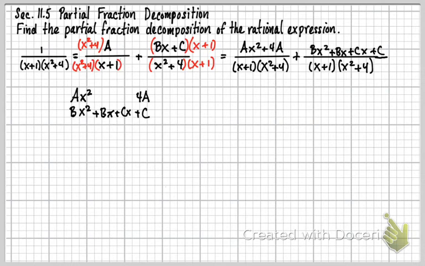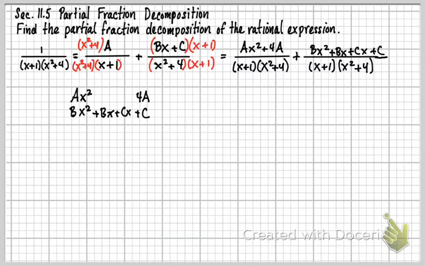Okay, so anyway, now I'm going to think about how this all works together here. So now, when I think of adding my x squared terms together, that's just going to be an a plus b. Okay, now, when I'm thinking of those x squared terms, I look at my original expression on top here.